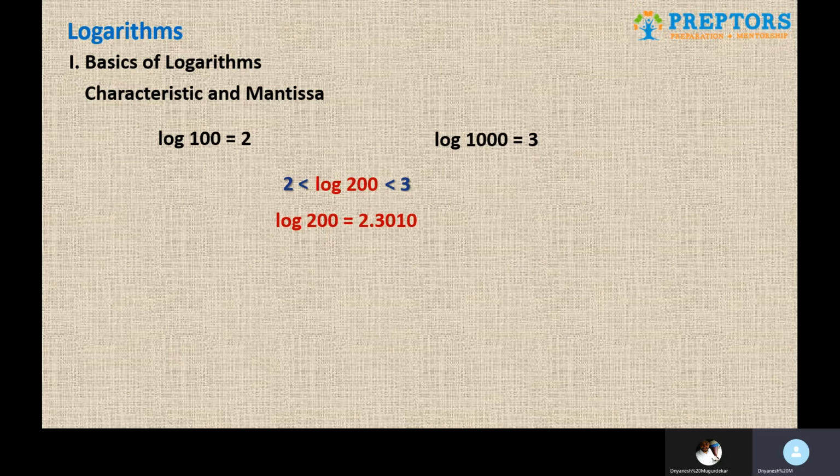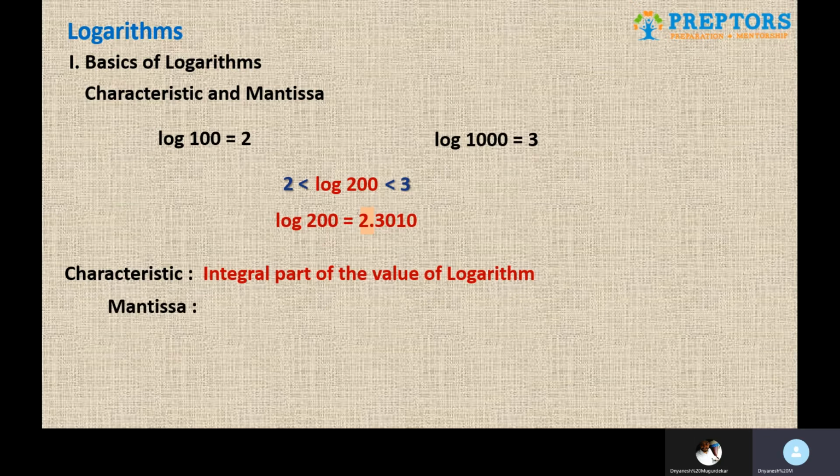So whenever you take a log of any number and you get an answer in both integer as well as fraction format, in a decimal format, the characteristic is defined as the integer part of the answer, which is 2 in this case, and the mantissa is defined as the decimal part of the answer, which is 0.3010 in this case.